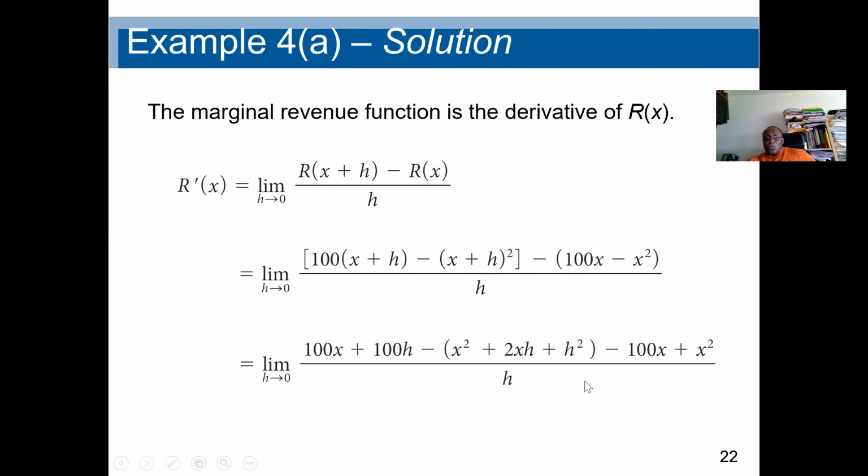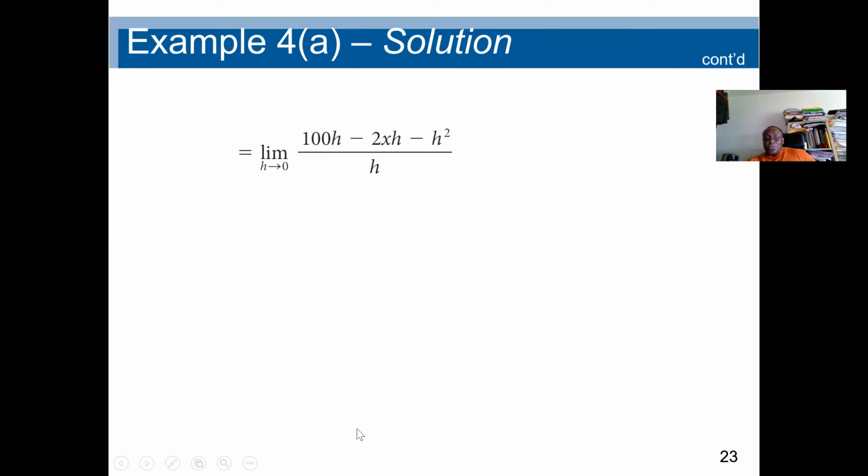And later we can remove the last. So when we simplify everything, we get 100h minus 2xh minus h squared over h. h is common for everything, so we take the h out. Then we get 100 minus 2x minus h. As h approaches 0, our answer will be 100 minus 2x.